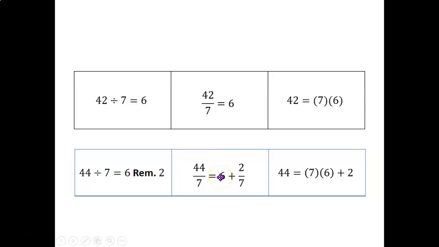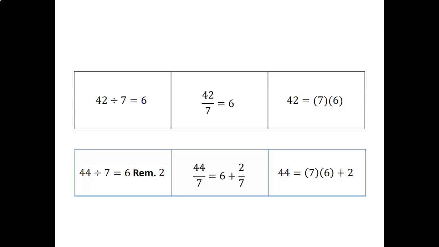So to put it another way, 7 goes into 44 6 times, but with a remainder of 2. So you can write 44 as 7 times 6 plus 2. It's the number we were dividing by times the quotient plus the remainder.